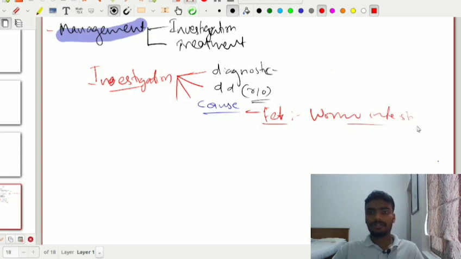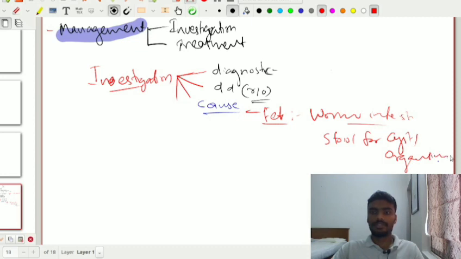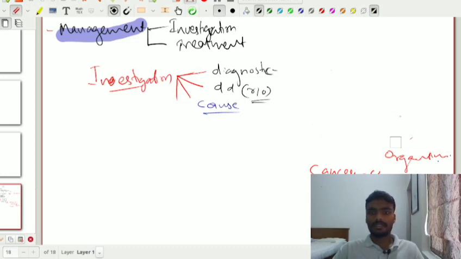So what could be the investigation? Stool for the cyst or the organism, stool microscopy, like that. Sometimes it could be cancer colon, so esophagogastroduodenoscopy you have to do to identify the cause, right? So that's regarding the investigation, third component.